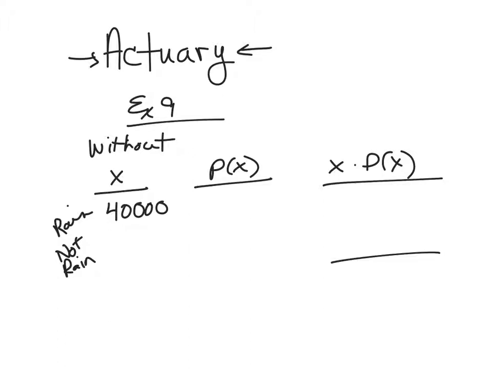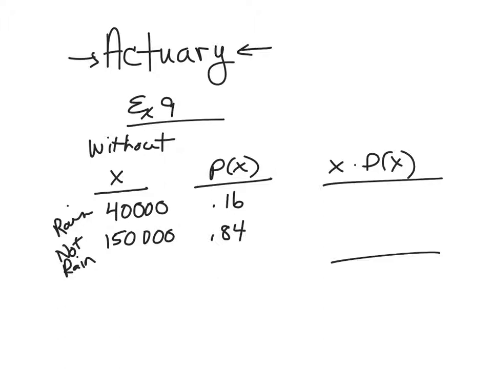But if it doesn't rain, he'll get $150,000 out of his crop. So those are the two possible outcomes without insurance. Okay, the probability of rain is 0.16. So the probability that it wouldn't rain would be 1 minus that, 0.84.